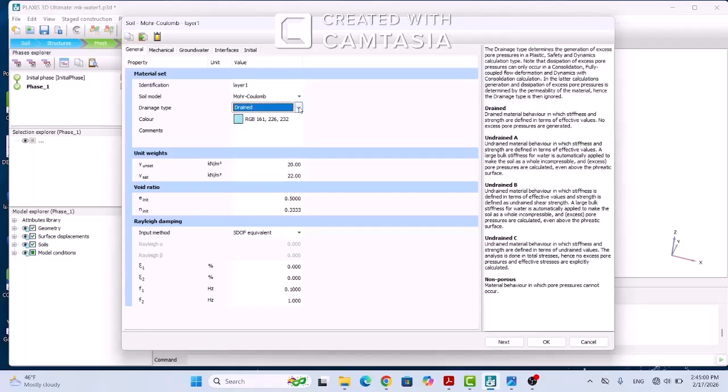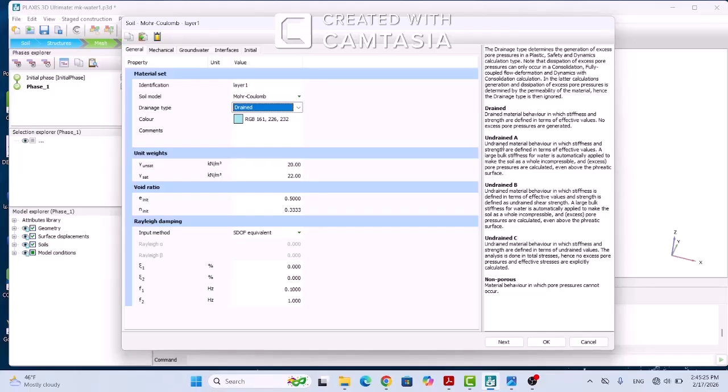We change drainage type to undrained condition. Of course, as you see, there are different undrained conditions: undrained A, undrained B, and undrained C. There are some differences between these three options.